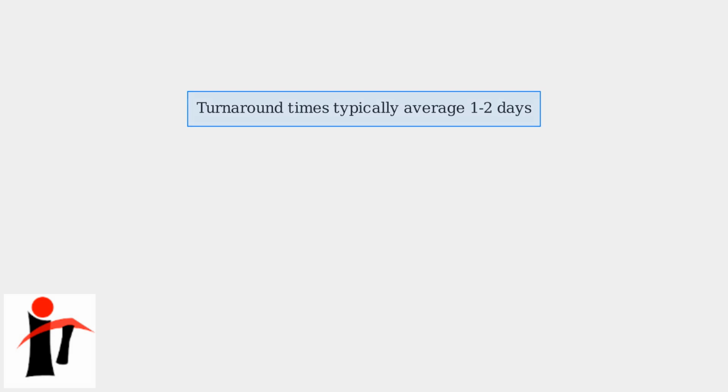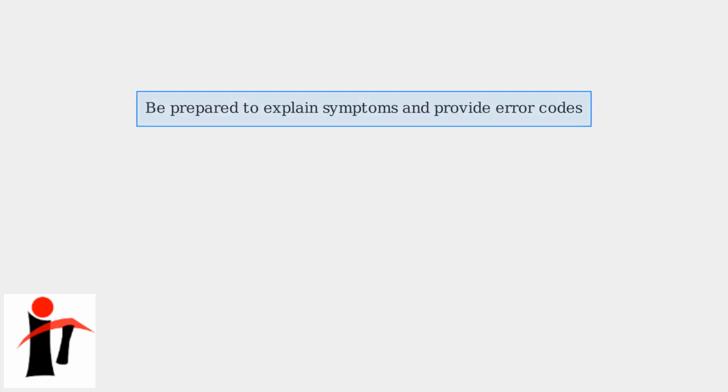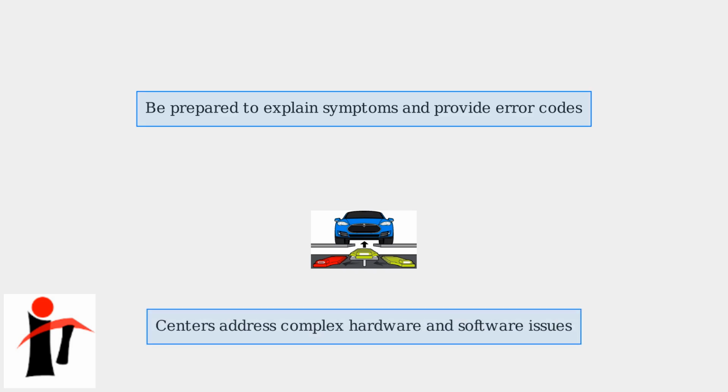The repair process usually takes 1 to 2 days to complete. When you arrive, be ready to describe the symptoms in detail and share any error codes you've noticed from the vehicle's display. Tesla service centers are equipped with specialized tools and expertise to resolve both hardware failures and software glitches that require professional attention.